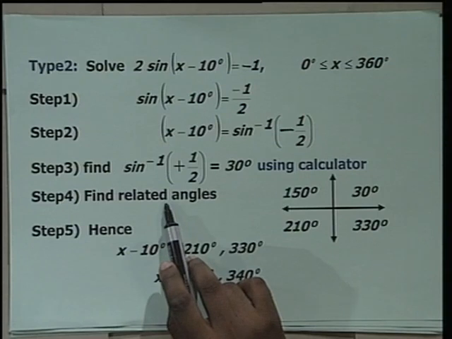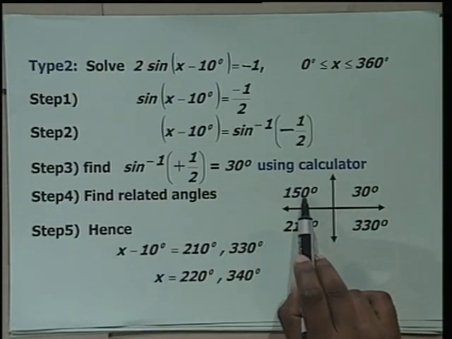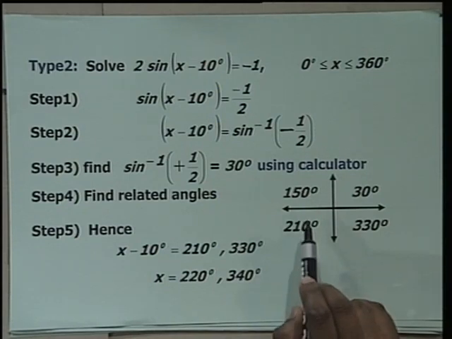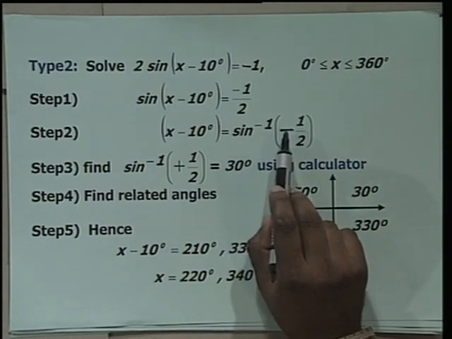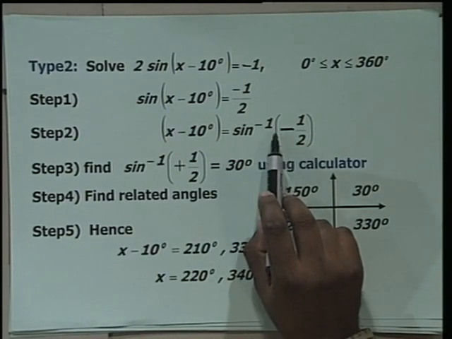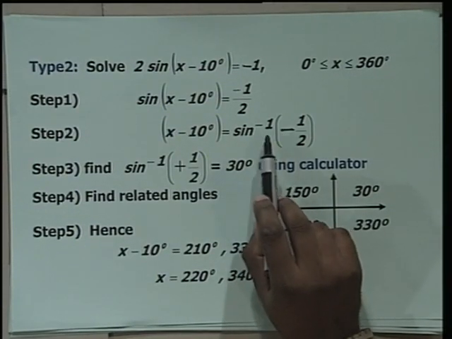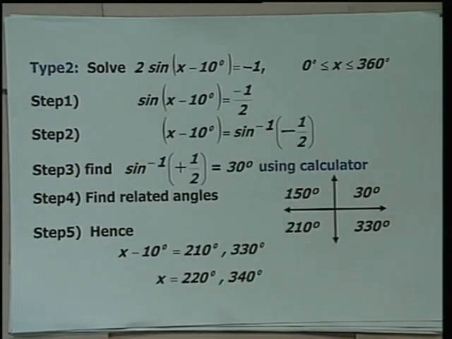The next step would be to write down all the related angles to 30 degrees. We have already seen that they are 150, 210 and 330. Now, we want sine inverse of minus half. That is, we are looking for those quadrants in which sine is negative.